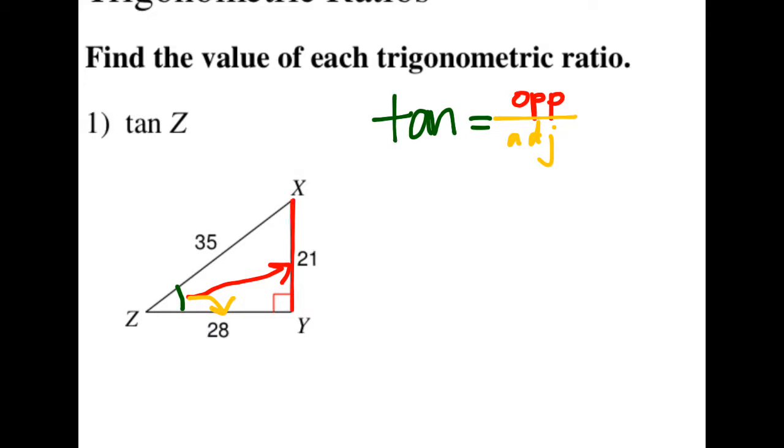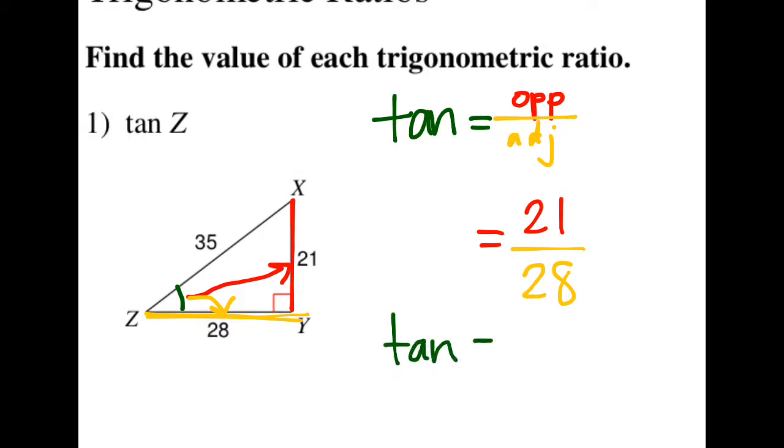So 21 is my opposite, and 28 is my adjacent. But this isn't simplified. I can divide both by 7 and I would get 3/4. So 3/4 should be the answer to the first one. There you go. That is all you have to do. It's as easy as that.